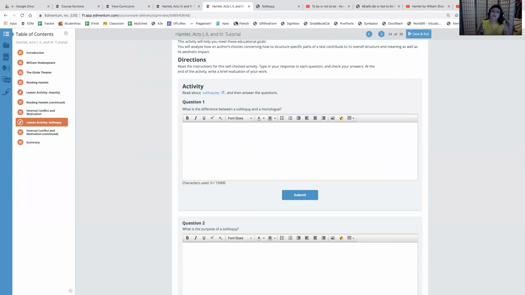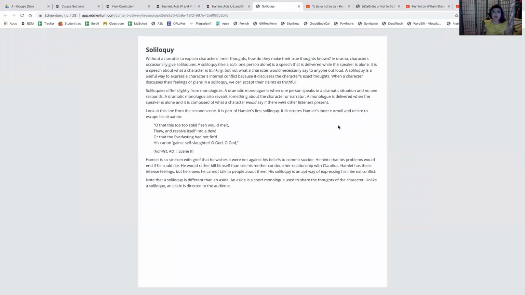Okay, the difference between a soliloquy and a monologue. A monologue is when one person is talking, but other people are there. Sometimes they might not know it. That happens in Romeo and Juliet, where Juliet gives what she believes is a soliloquy, but Romeo is there and can hear her.